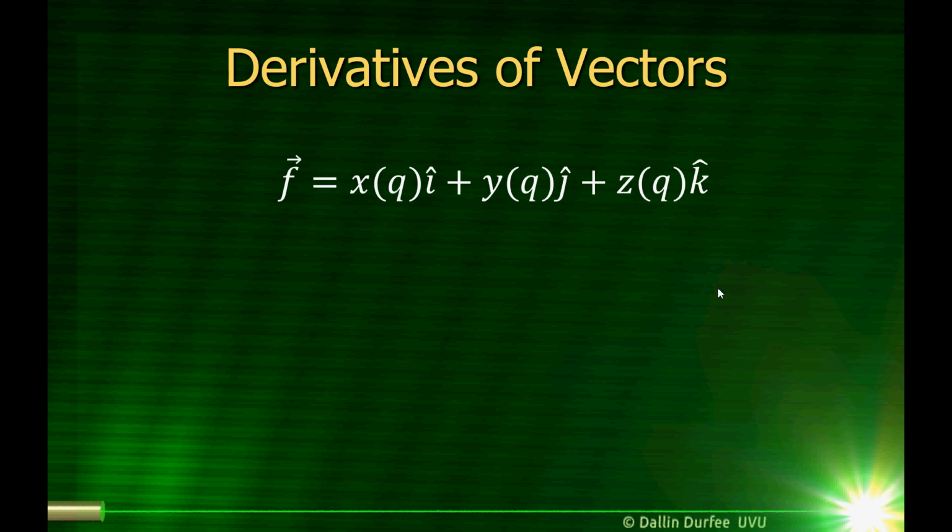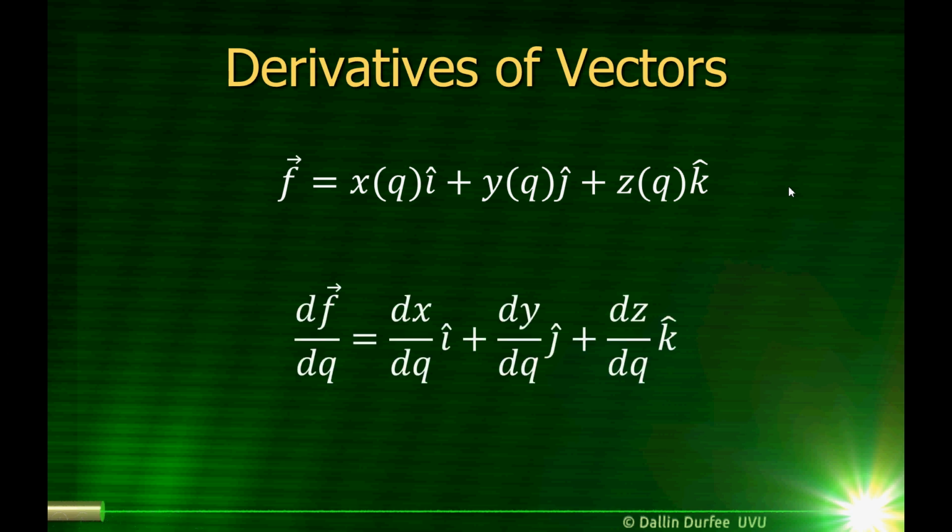Now, how do you take the derivative of vectors? Well, if we write our vectors using the unit vector notation, it's really simple because the unit vectors are just constants. So df dq is just dx dq times i hat, since i hat is a constant and just comes through the derivative, plus dy over dq times j hat, because j hat's a constant, plus dz over dq times k hat, because k hat's a constant.